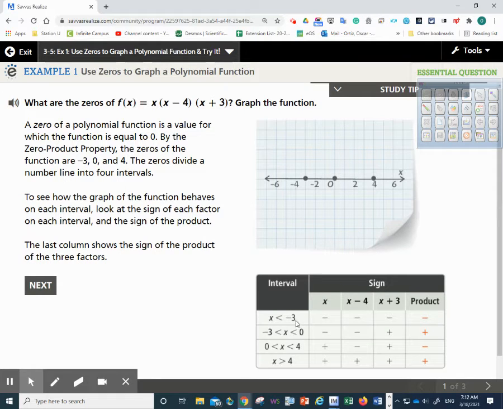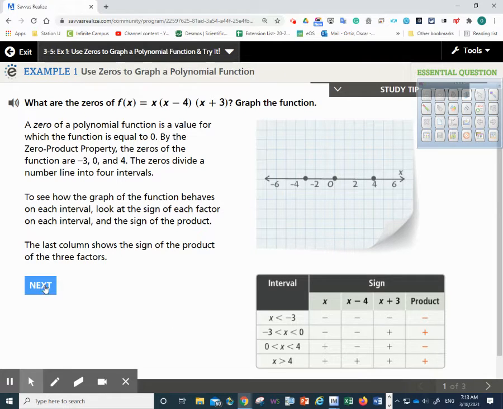And we will study the signs before -3, then between -3 and 0, then between 0 and 4, and then after 4. And we can see that the multiplication in this first section is negative, then in the second section it is positive, then negative, and then after 4 it is positive.